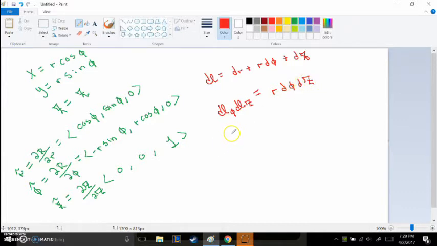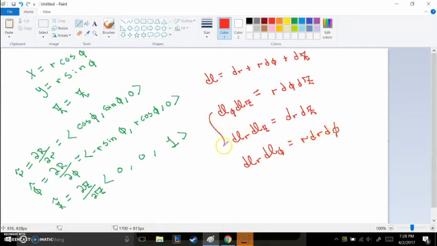Now for phi constant, we're going to have dlr dlz. So phi is constant, we don't worry about that one. dr dz, and if we have z constant, then we don't worry about the last one. And dlr times dl phi is r dr d phi.